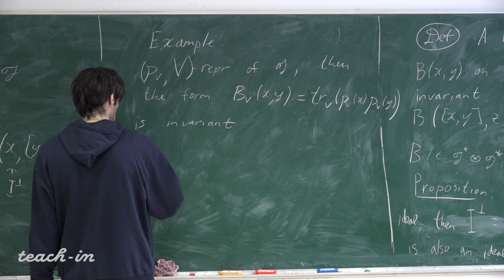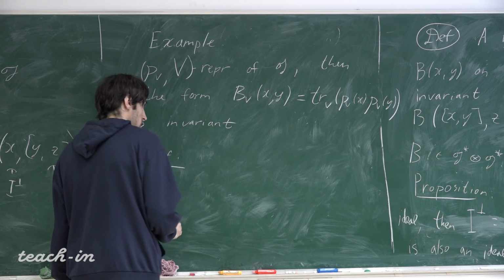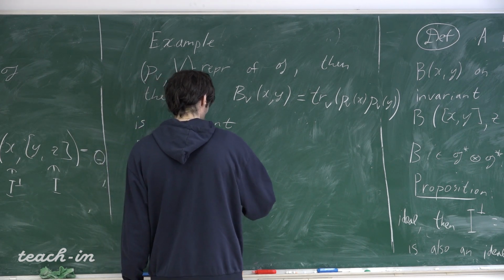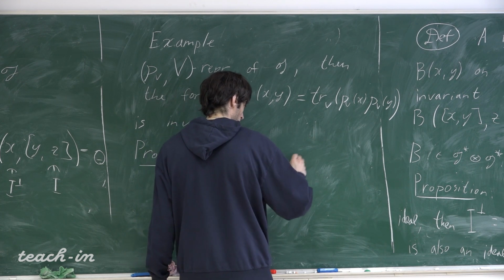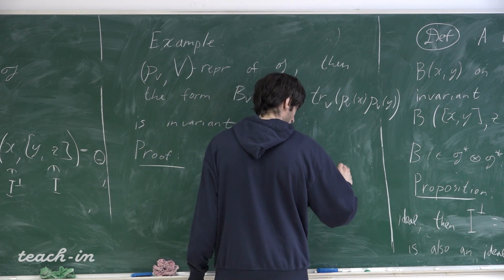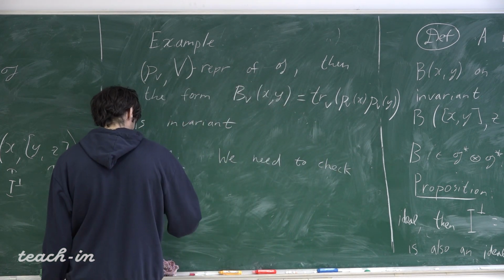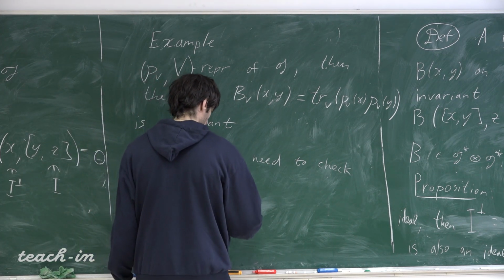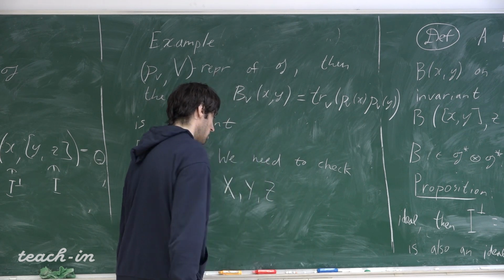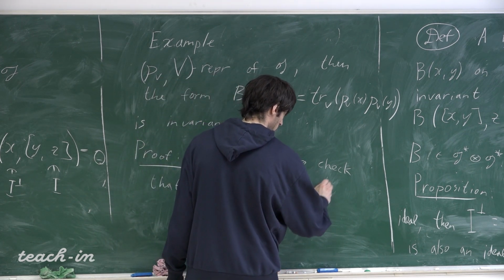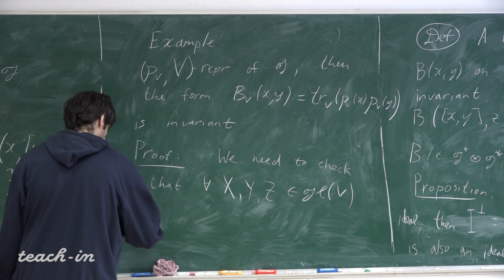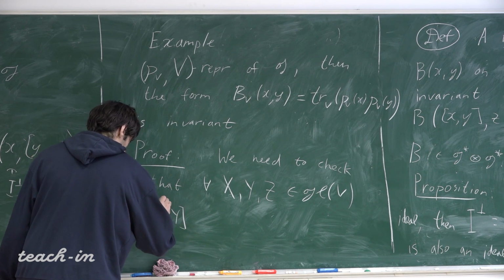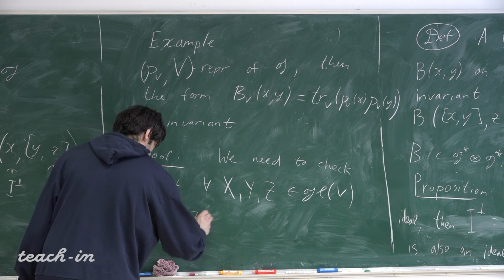So the proof is very easy. We just need to check that for any three matrices, X, Y, Z, well, matrices or linear transformations from GL(V), you have the trace of the commutator of X, Y times Z, right?